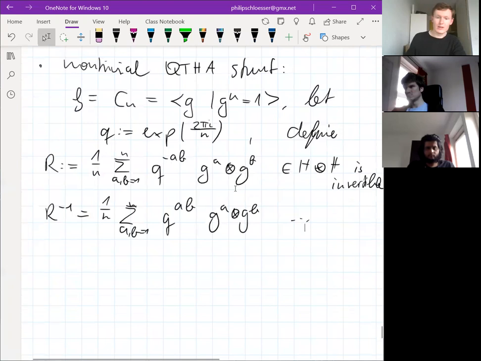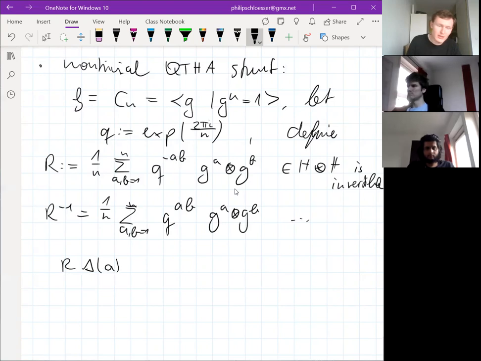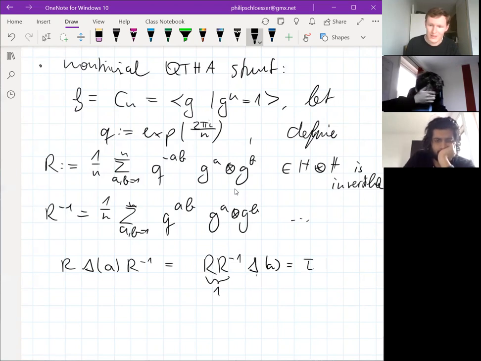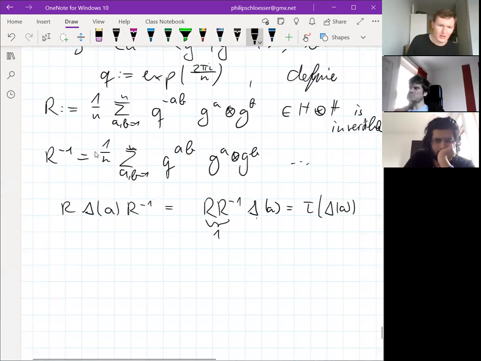And then, our delta applied to some element A, R inverse is, well, G really is an abelian group here, so we can just swap stuff around. So this is 1, and this thing is symmetric, so we have that this is equal to that, so done.